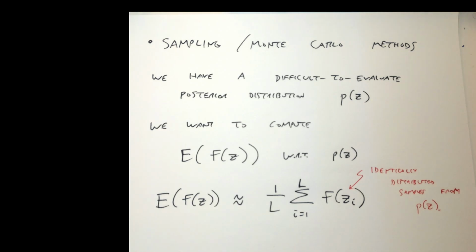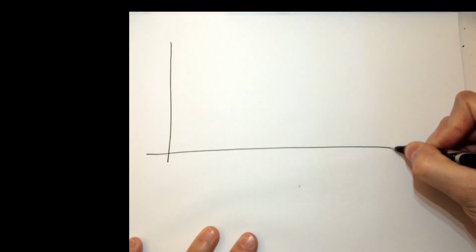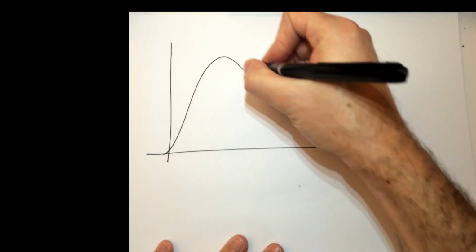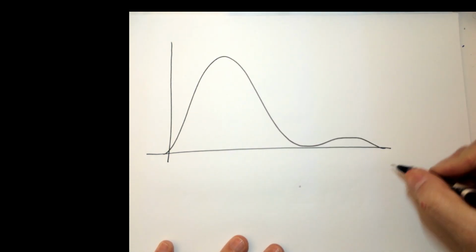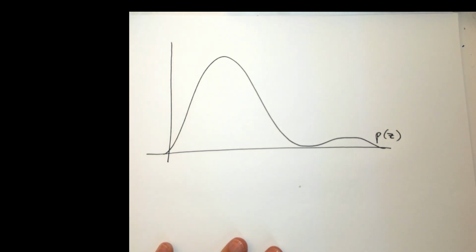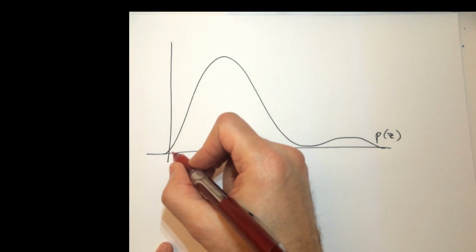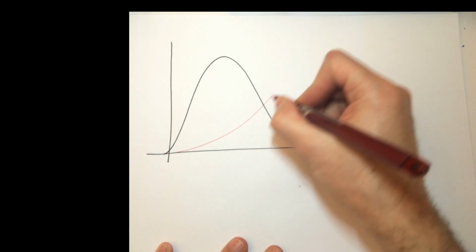So for example, let's suppose that kind of in a very sketchy way under the hood, the P of z looks like this, where it's big in some places and small in other places. And then let's suppose that the function that I'm trying to evaluate looks like this, right?